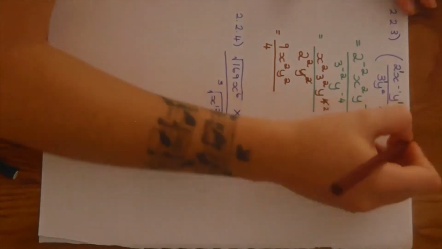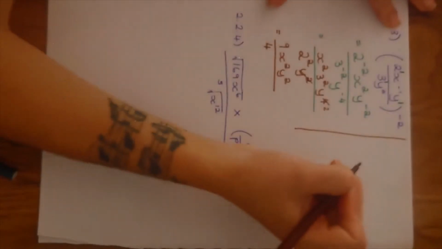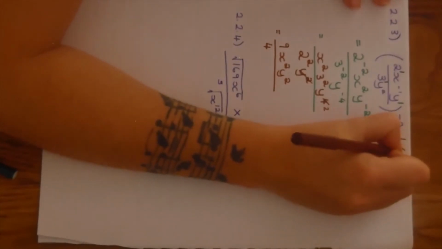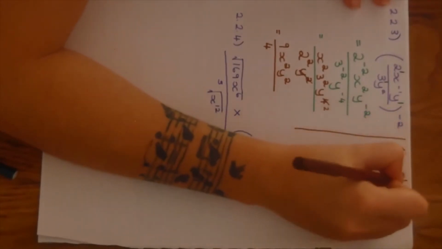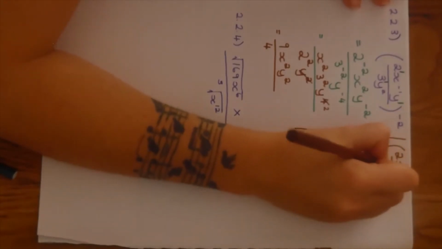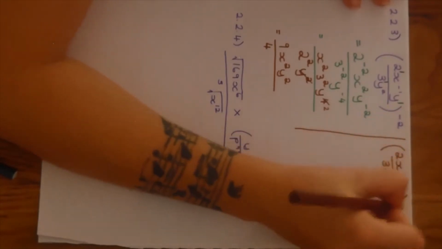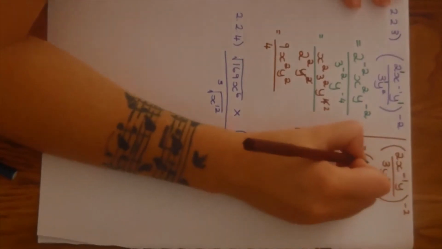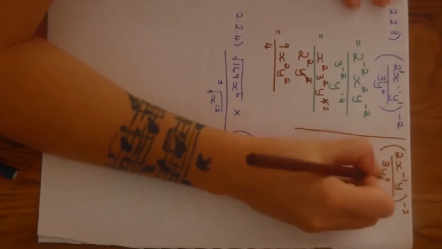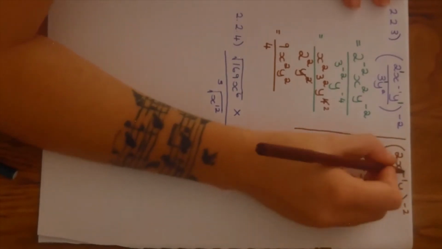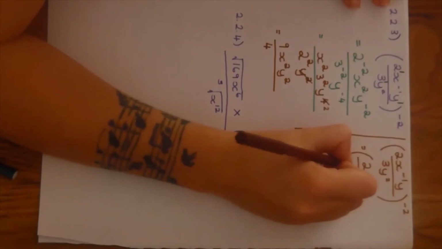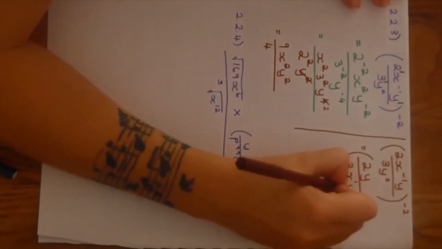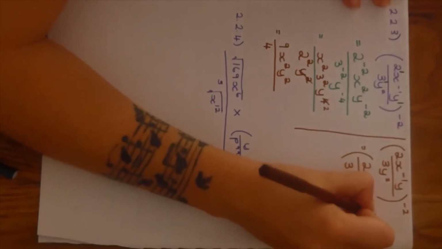If you wanted, let me just do an alternative version over here. What you could have done is, here in the bracket you have 2 to the x, let's just write it again, over 3 to the y. Okay, what you could have done is started with what was in the bracket. So you would have the 2 and the y could stay at the top, but you're going to bring the x down. So it becomes 3x to the positive 1 over y to the 2, all raised to the negative 2.